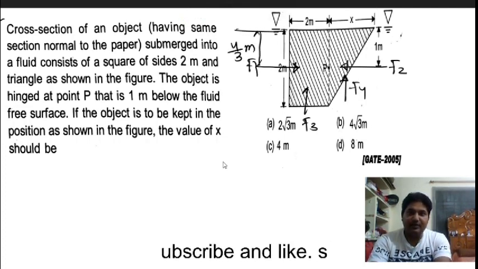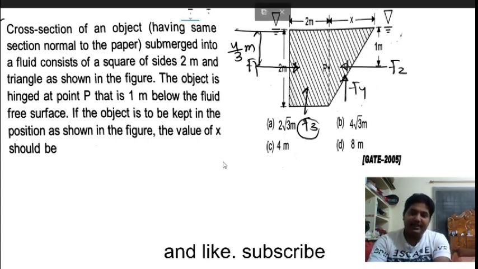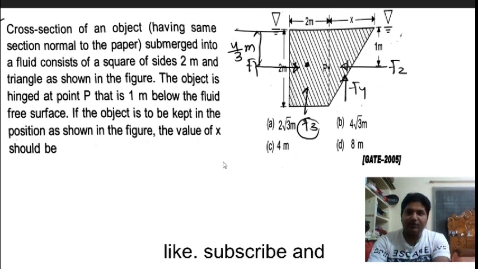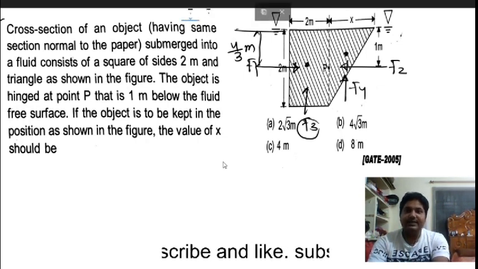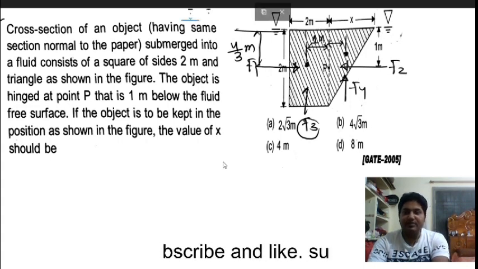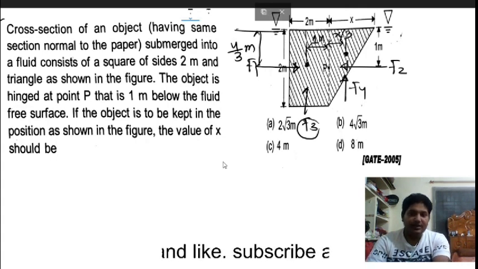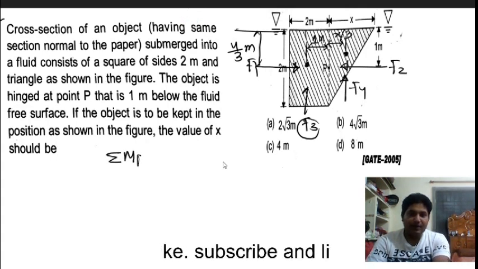Now if you find out the forces F3 and F4, these forces act at the center of the shaded area. So what is this distance? This force's lever arm is 1 meter, and this force's lever arm is x by 3 meter. Now the moment about this point P will be equal to 0.